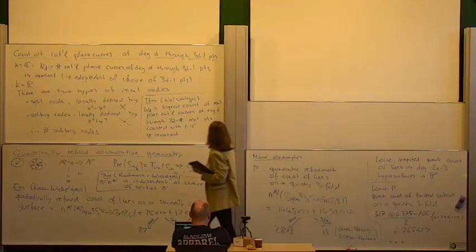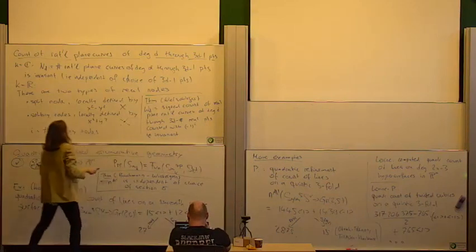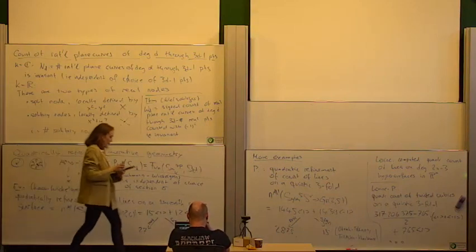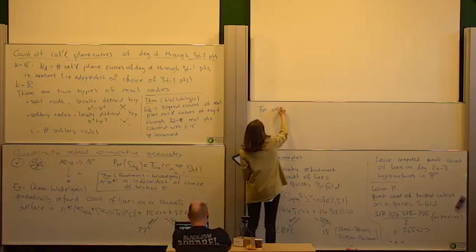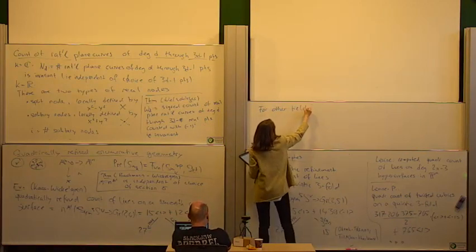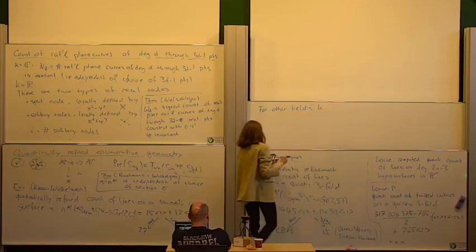So now it will also depend on the types of nodes, but we will have more nodes. So for other fields K, we can have the following types of nodes.